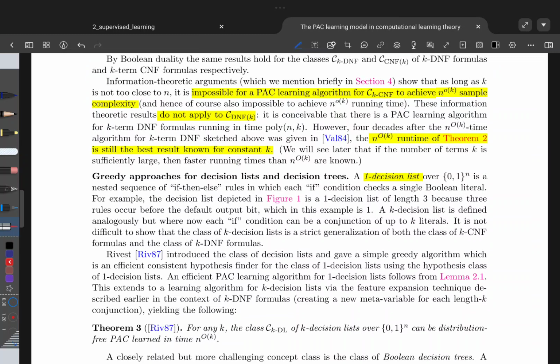So that's one class of functions that we can or cannot learn efficiently. We'll come back to this KCNF and KDNF again, but that was the concept class, and the goal was to learn the concept class itself. In this case, the hypothesis class was equal to the concept class. All right.